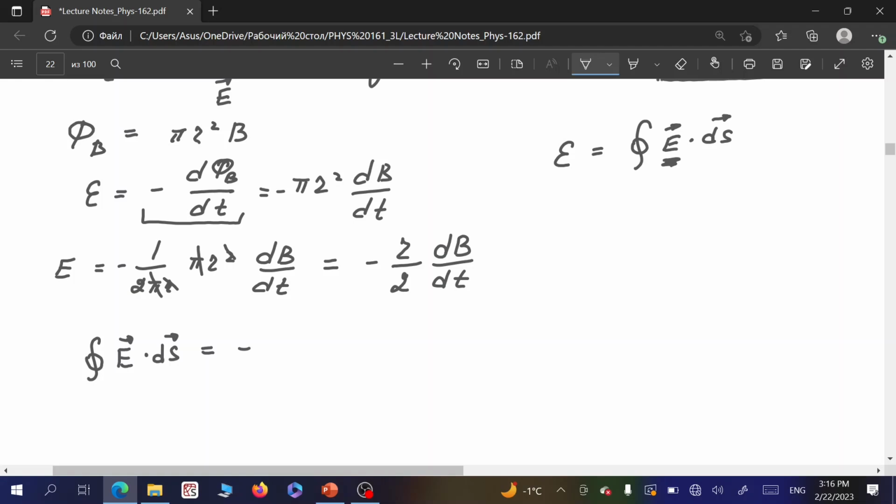So the electromotive force is equal to this integral, and it is equal to the negative first derivative of the magnetic flux over time.